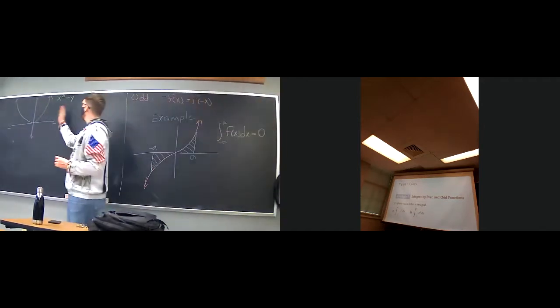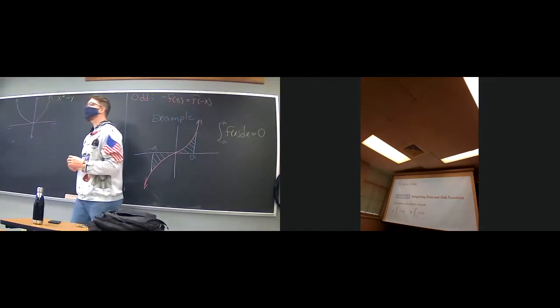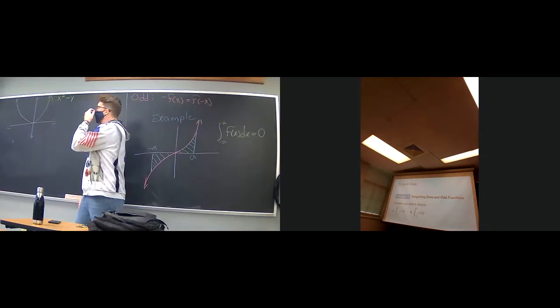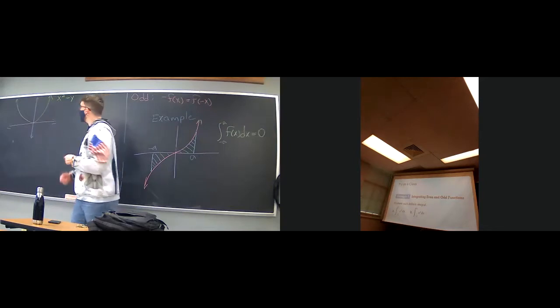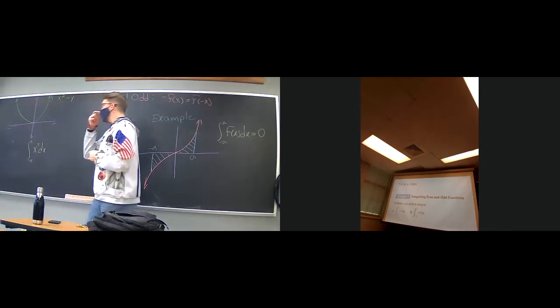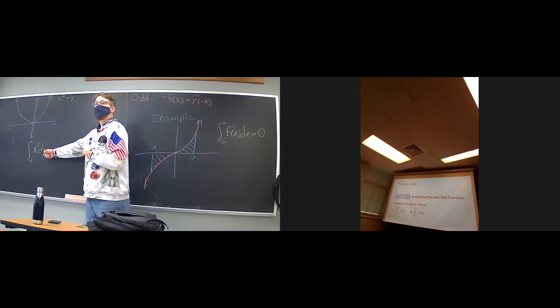So this x squared, it's symmetric across the y-axis, right? So because of that, the integral from negative 2 to 2 of x squared dx, we're going to be able to rewrite. Before we rewrite it, let's actually calculate it out from negative 2 to 2.